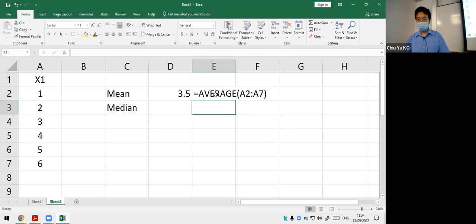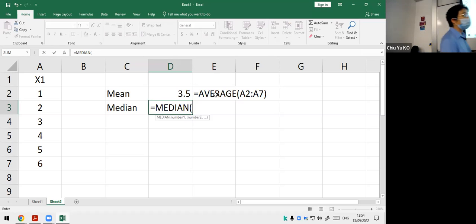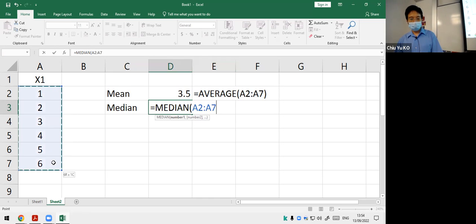You can type it out, or you can look at this median, open a bracket here, and now instead of typing it out, use your mouse. If you're using an iPad, you can also do it. You can just use the mouse to click and drag.